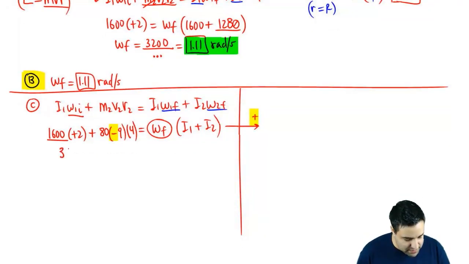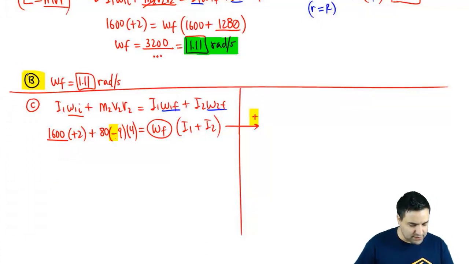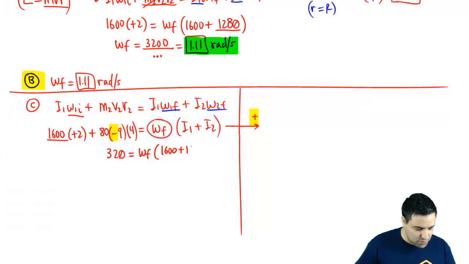So this is 30. This is 3200. Let me make sure I got everything here. So actually, I just did this whole thing together. When you combine all of this, you get a 320 on this side. And over here, you have omega final 1600 plus 1280.